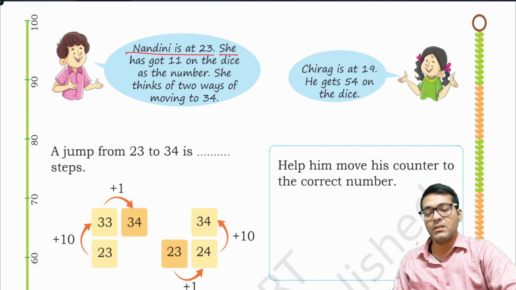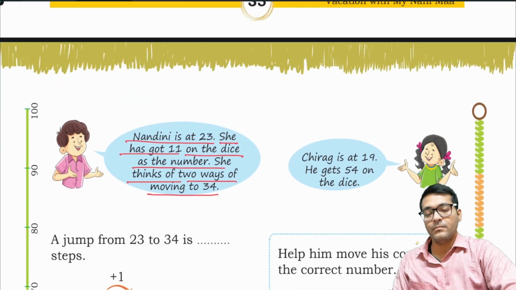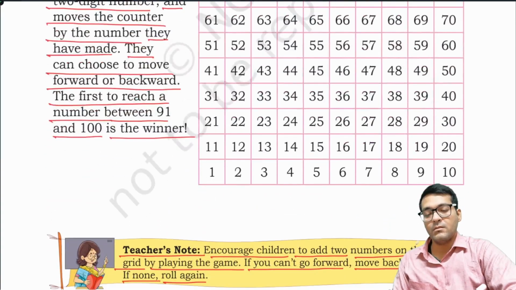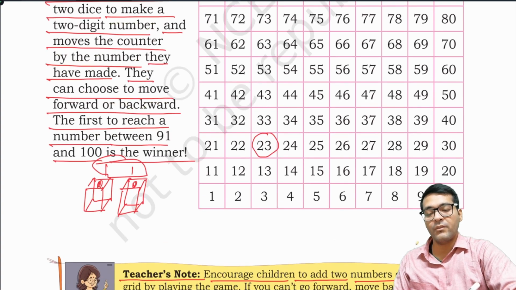Nandini is at 23. She has got 11 on the dice as the number. She thinks of two ways of moving to 34. Nandini is at 23 and she got 11 on the two dice, 1 and 1, that makes 11. Then she has to move 11.